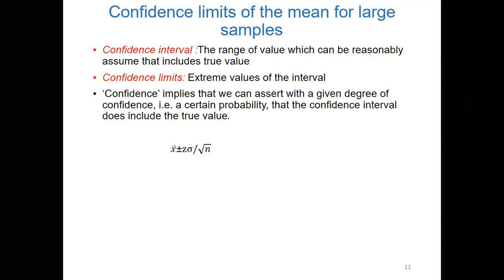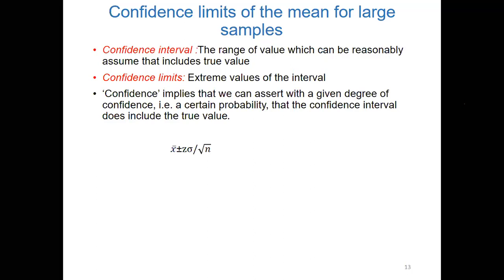If we take any experimental value and take the confidence interval, the true or correct value also lies within that range. The confidence limits mean the extreme values of the interval: the lower limit and upper limit.